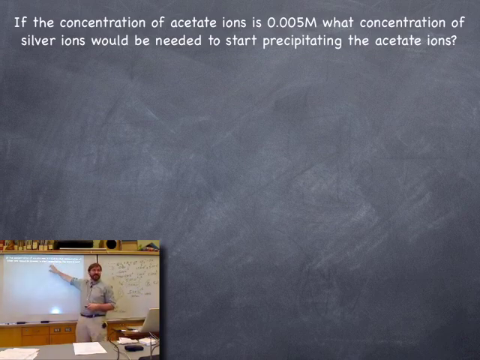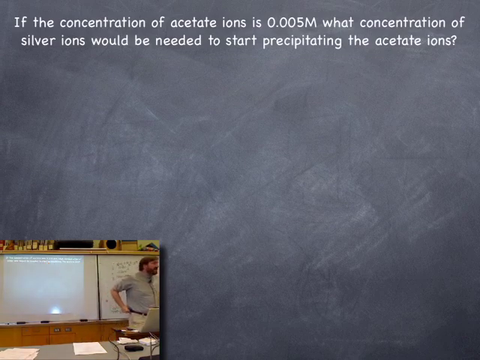I know the KSP because we just got that. I just gave it to you. Now we want to do an equilibrium problem and say, this is the concentration of the acetate ions, just the acetate ions. The question is, what concentration of silver ions do I need to just start precipitating, to just equal that KSP value?